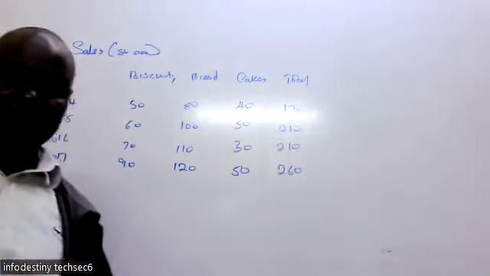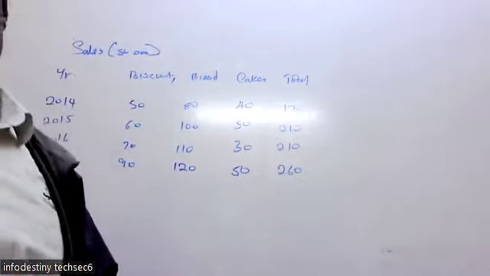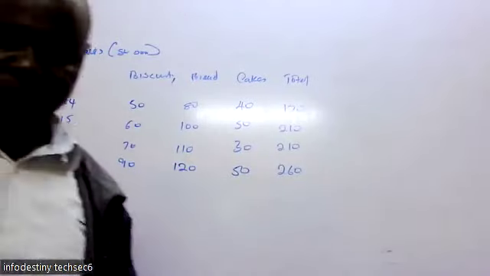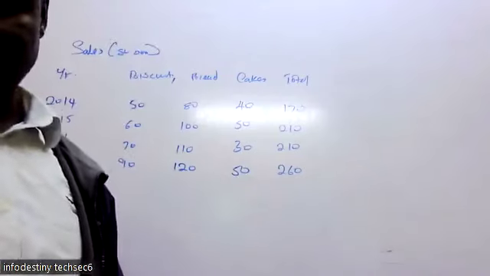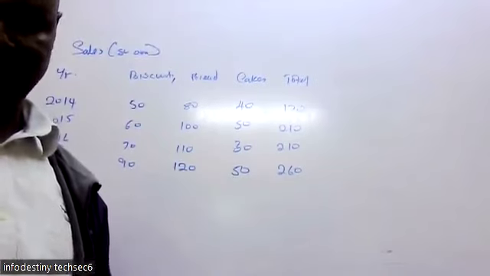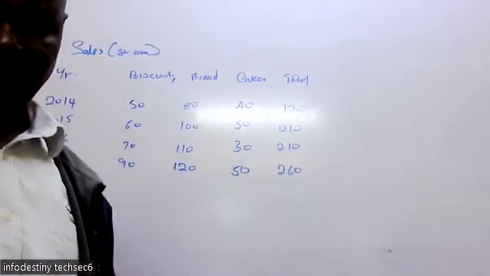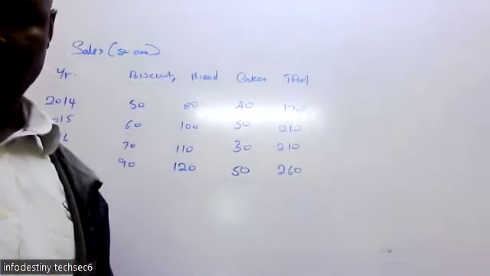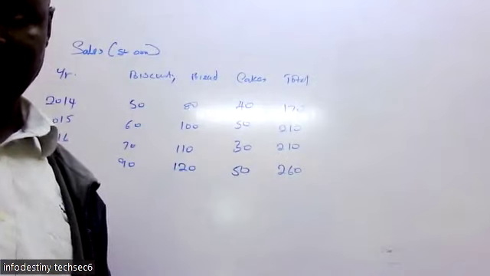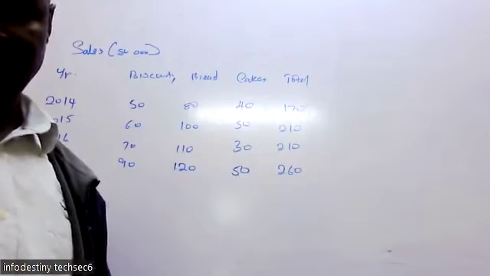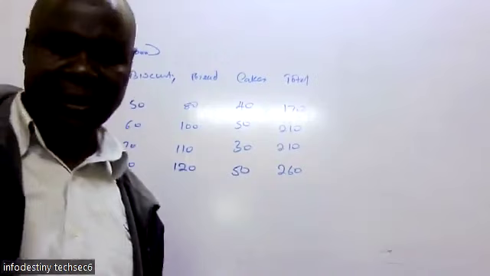Then they continue by saying, from the above information, one, draw a simple bar chart, two, draw a component bar chart, and then three, draw a multiple bar chart.